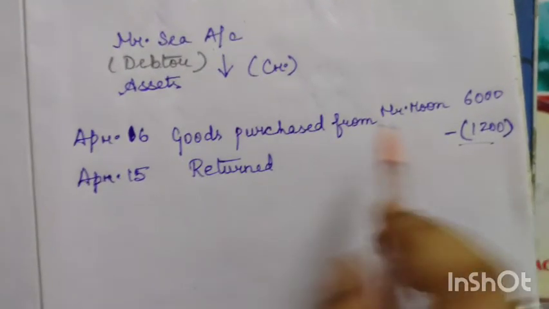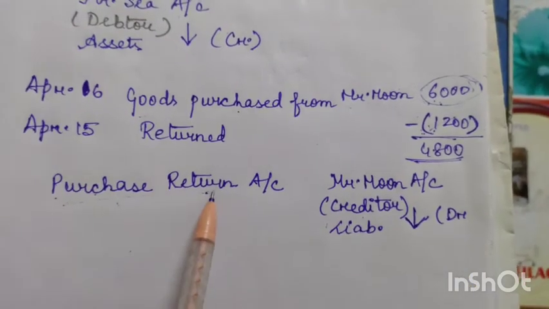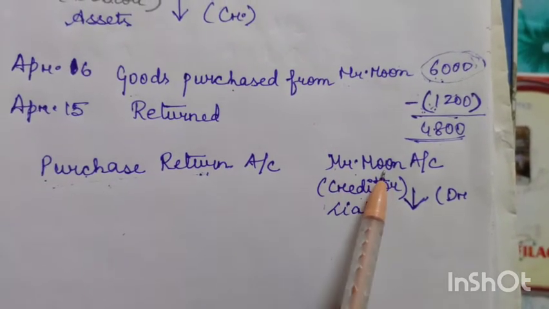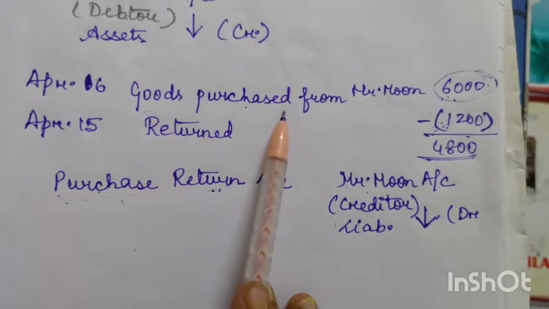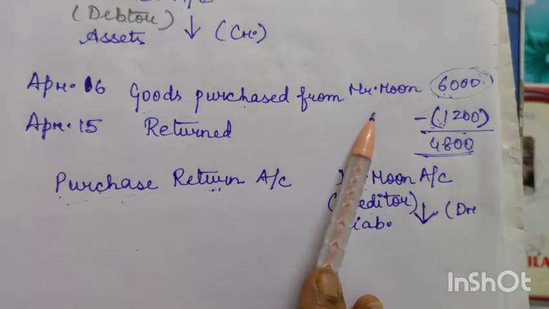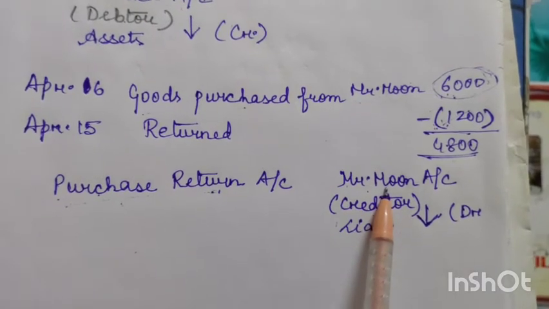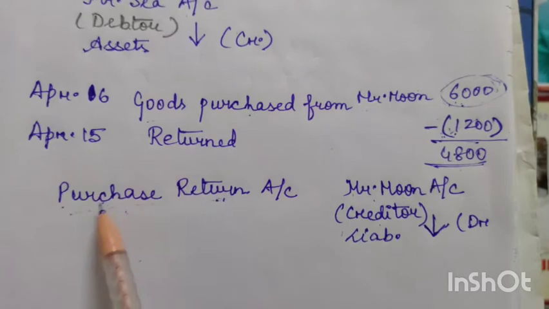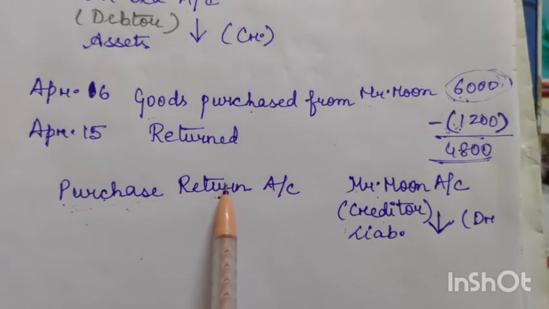Now since we have purchased the goods and we have returned the goods, we open a purchase return account, and another one will be Mr. Moon account. Okay. See here, as we have purchased the goods from Mr. Moon and since it was a credit transaction, we will open Mr. Moon account. And for the return of goods, as we have purchased and returned the goods, we will open purchase return account.